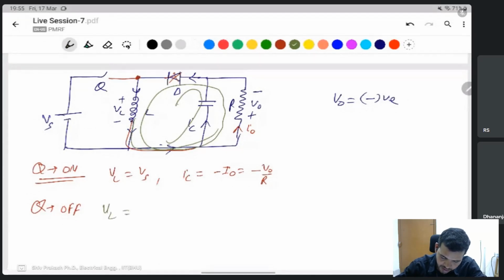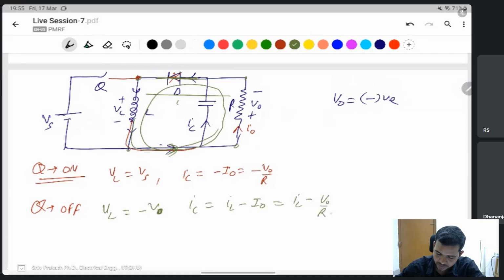At that time VL is negative of VS. This is the on period, and at this time it is connected here, minus V naught. Then IC is the same as IL minus I naught because of the same current flow here. IL current flows, IL minus V naught by R.